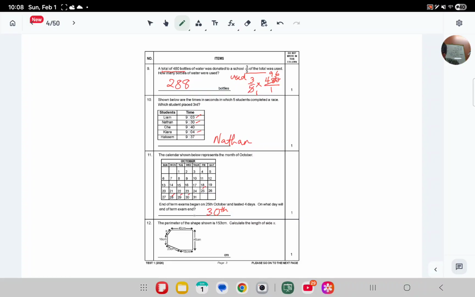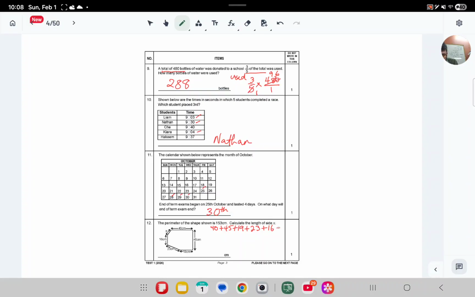So first we need to calculate the sum of the known sides. So we add 40 plus 45 plus 19 plus 23 plus 16.